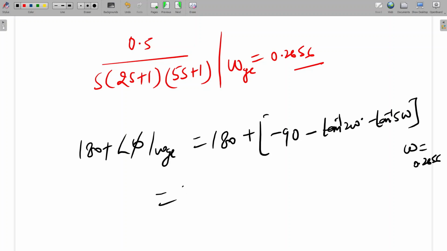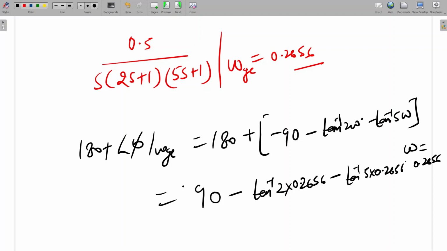So 180 minus 90, that will be 90, minus tan inverse 2 into 0.2656, minus tan inverse 5 into 0.2656. How much will it be? Can anyone calculate? I'm also calculating. It should come as positive.